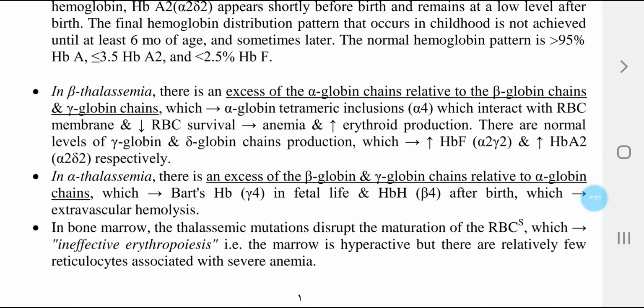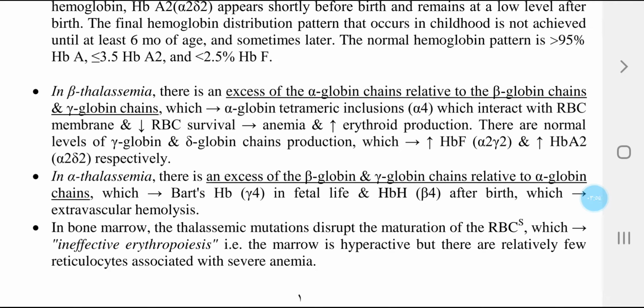There are normal levels of gamma globin and delta globin chain production, which lead to increased hemoglobin F and increased hemoglobin A2, respectively.